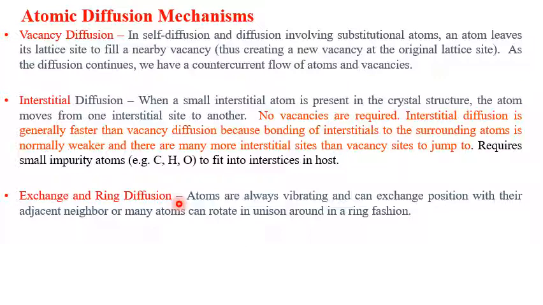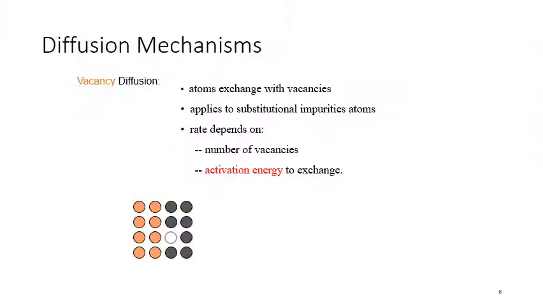If A and B are beside each other, A can go to the B place and obviously B will come to the A place. That is the exchange, or we can say A substituted B. Like that, the A atom can move from one place to another. That is exchange and ring diffusion. We'll see these diffusions one by one.